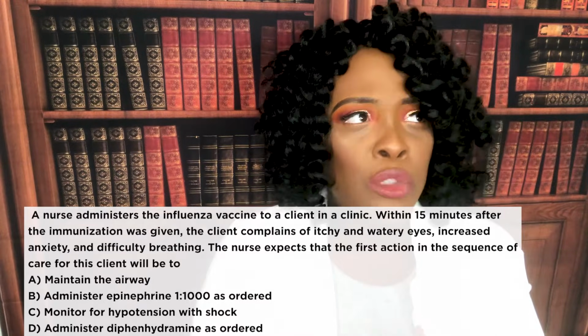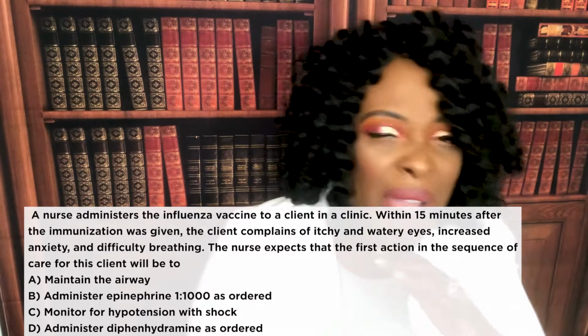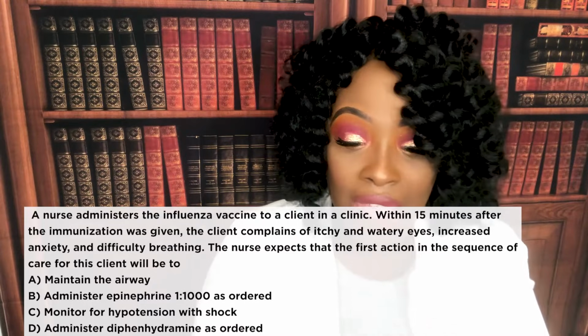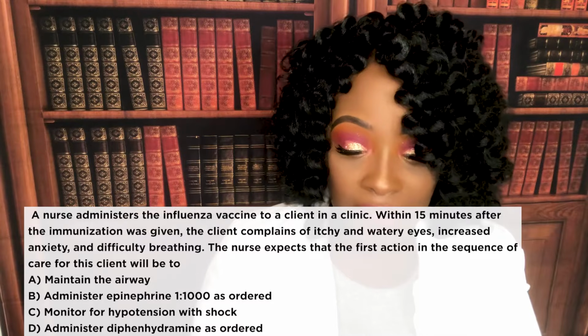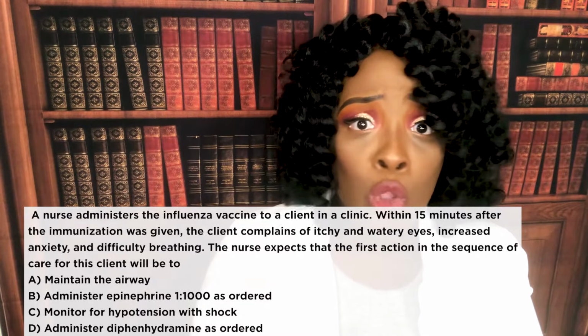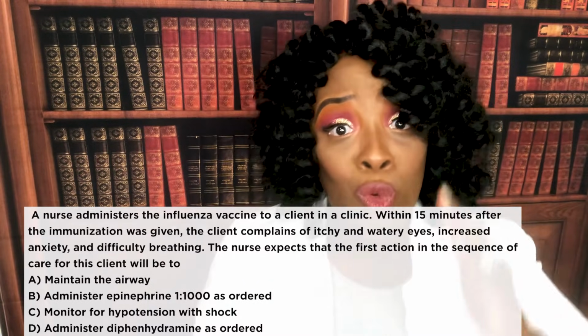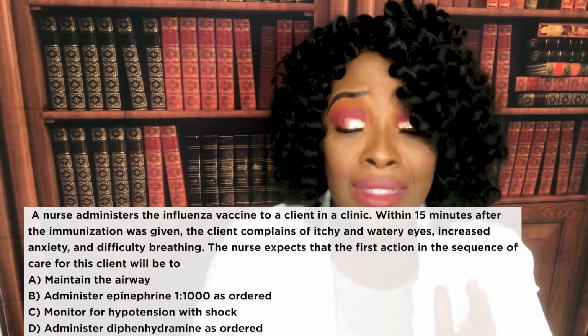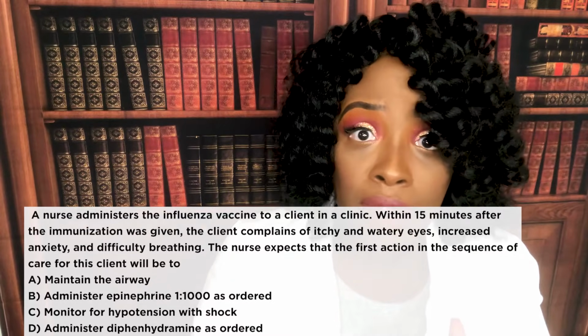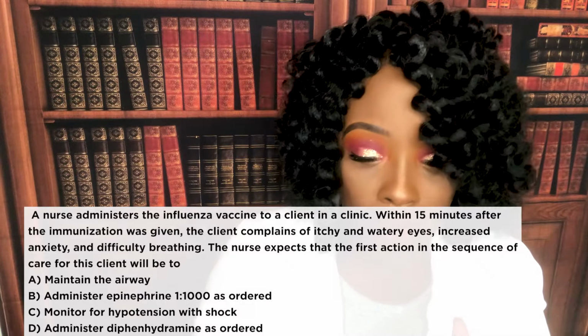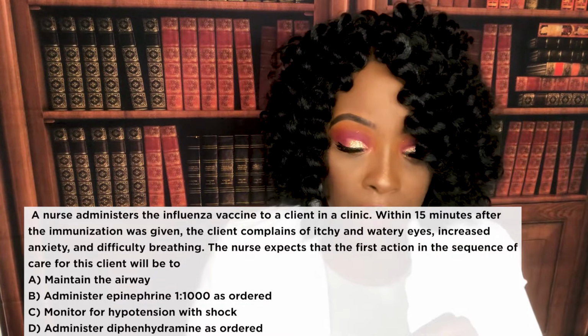Okay, if a patient was having just a little mild allergic reaction, then 4 is a great choice. You'll give the Benadryl, diphenhydramine as ordered, right? But no, this patient is having an IgE-mediated response. They can't breathe. Their airway's closing up on them. You better give them that epinephrine. Okay? So that's going to be your correct answer.